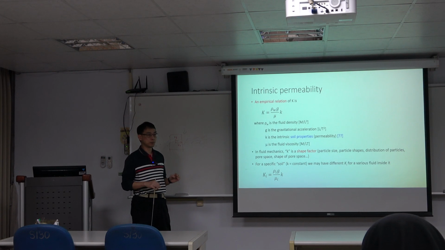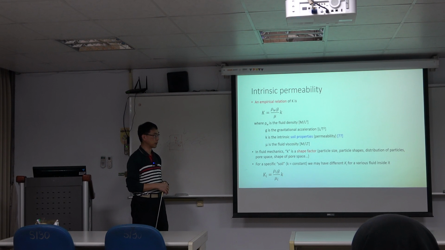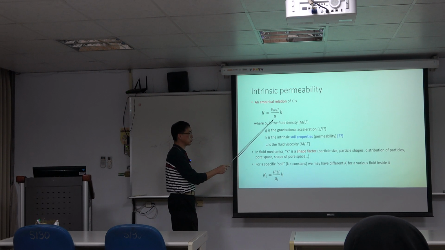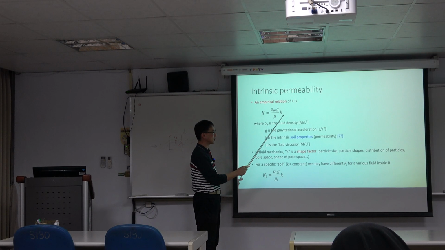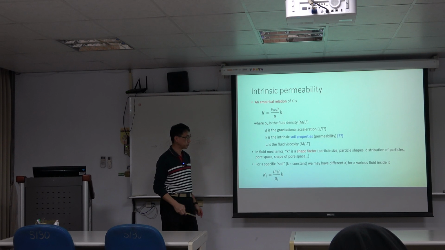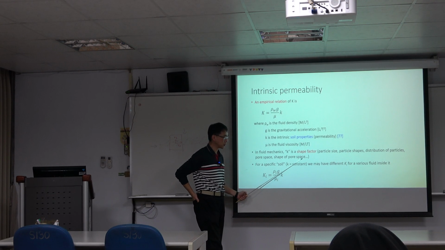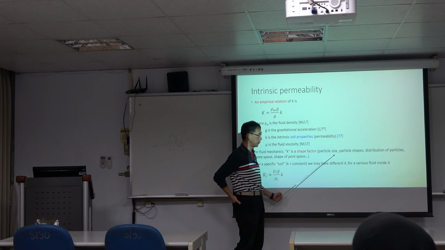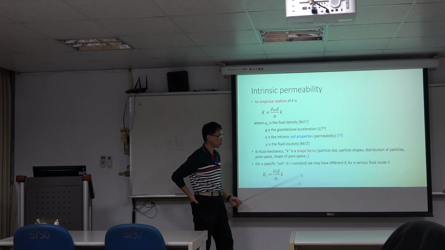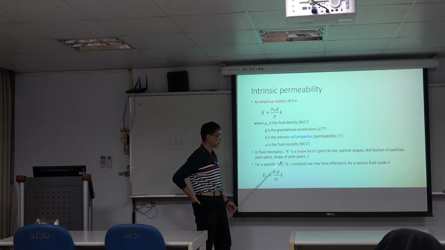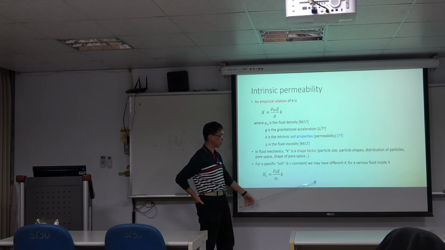So we give it a parameter called intrinsic permeability. Okay. So we separate the fluid part and solid part to combine with the hydraulic conductivity. So the small k is the shape factor. It is affected by the particle size, particle shape, distribution of the particles, pore spaces, shape of the pore spaces, etc.